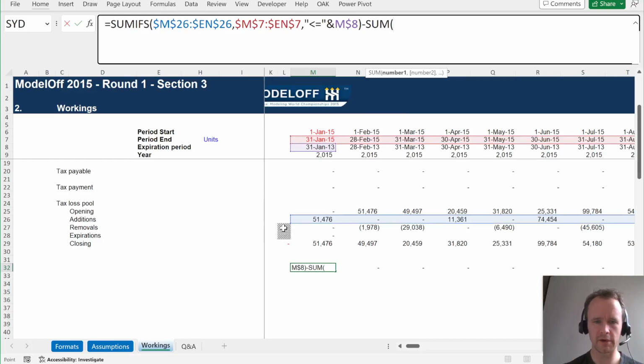I'm going to do sum of this, where I lock in the L. So this, in other words, is going to expand. So it's going to be the sum of all the removals and expirations up to the previous period. And I guess actually I also want to subtract, or sorry, not subtract, because they have the opposite sign, so add. I also want to add the removals in the current period.